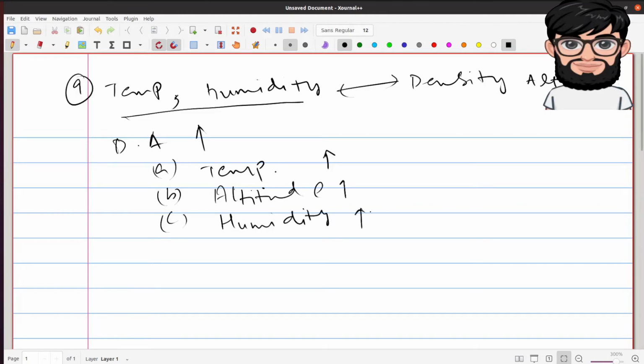And just by looking at it, these factors are going to increase the density altitude, which means a higher density altitude is not good for performance, just because the temperature, altitude, and humidity are high. Again, the density altitude will decrease if the temperature decreases, or altitude decreases, or humidity decreases.